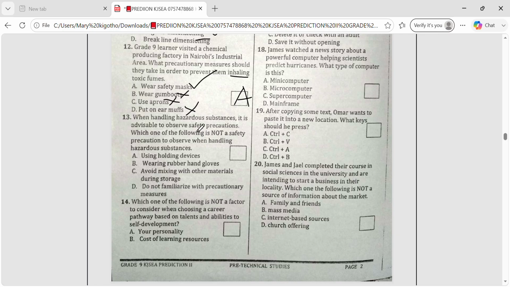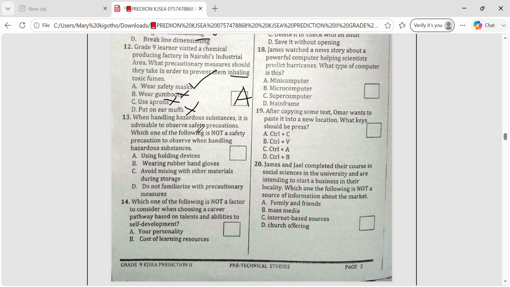We go directly now to question 13. When handling hazardous substances, it is advisable to observe safety precautions. Which of the following is not a safety precaution to observe when handling hazardous substances? So this question asks which option is not a good safety practice, so you are looking for the bad or harmful choice among the four.